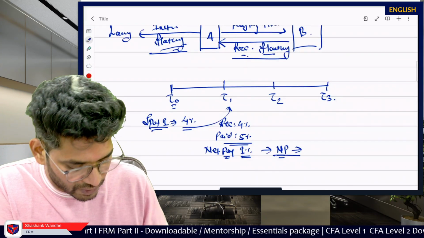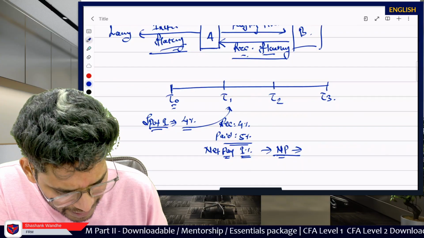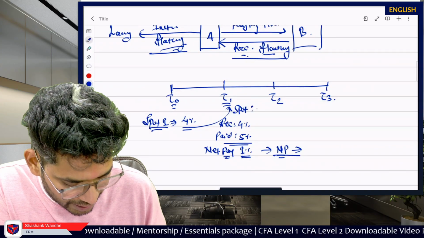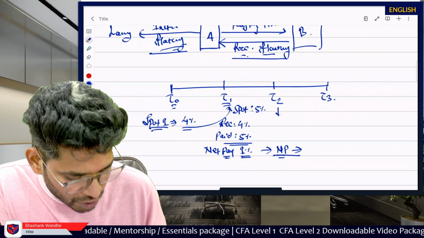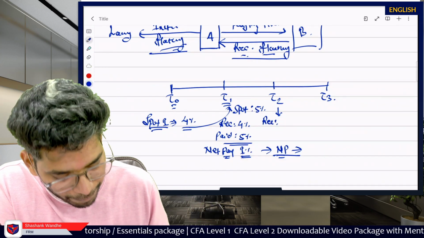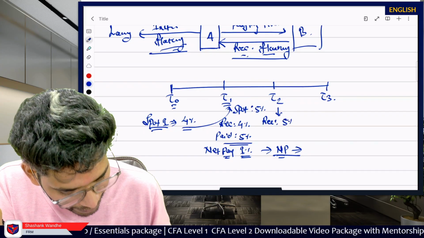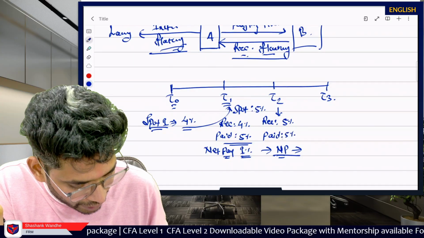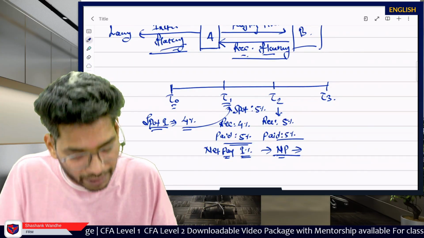That's what happens. Then on T1's date, you will again have a 1 year spot. Let's say this is 5%. So for T2, this party will be receiving, because it is the floating receiving party, the 5%, and again will be paying 5%. So net no payment will be exchanged in this case.